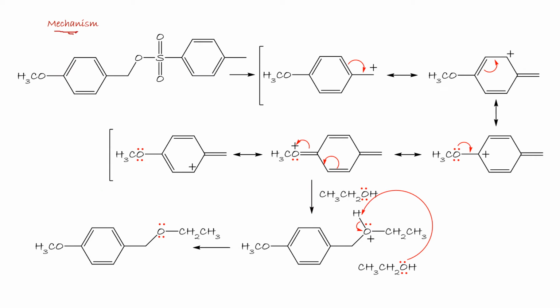For the mechanism, the tosylate is a very good leaving group to form the carbocation. This carbocation is stabilized by resonance with the ring.